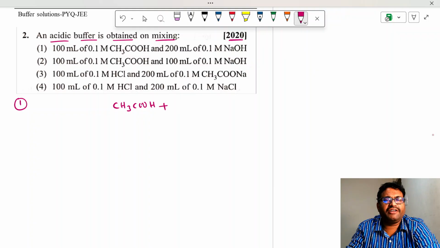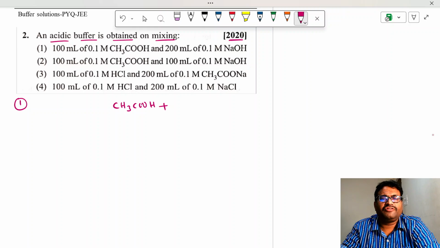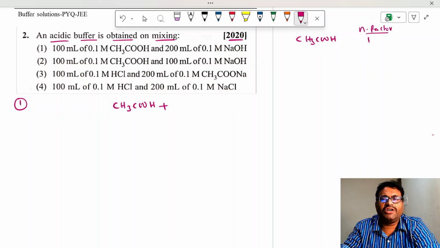Here all are for CH3COOH, let us take the n factor. The n factor is 1, because only one H plus can be replaced. For NaOH, the n factor is equal to 1. For HCl also.